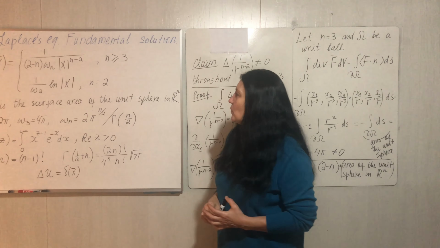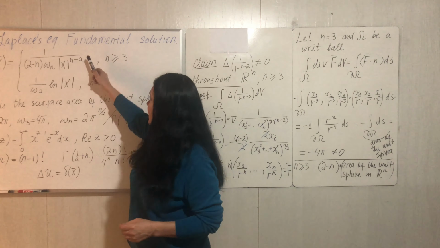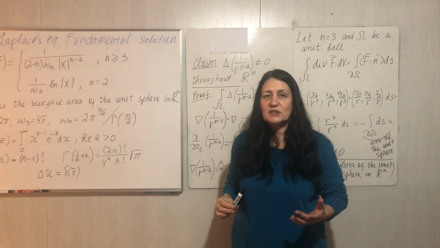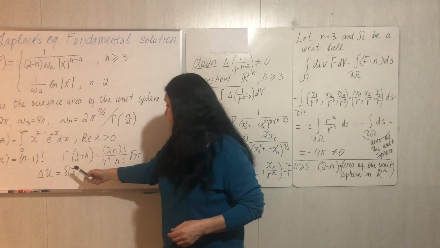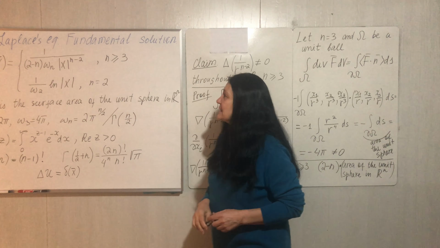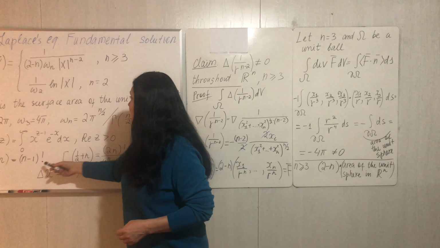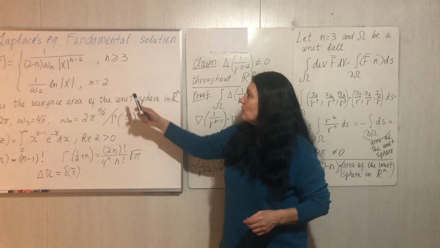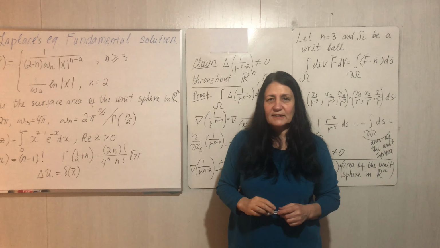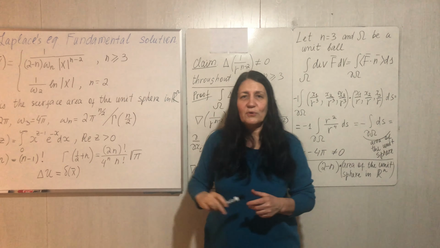And we can comment that if we add here any harmonic function, so a function that satisfies just the Laplace equation with 0 on the right-hand side, it still will satisfy this equation. So the fundamental solution is not uniquely defined. It is defined up to a regular harmonic function.